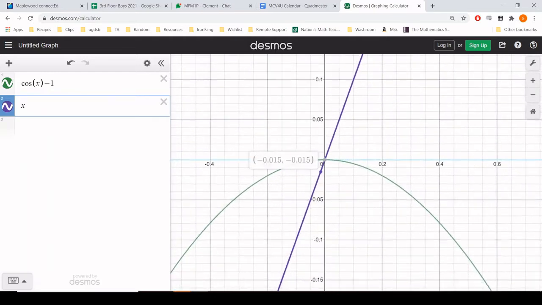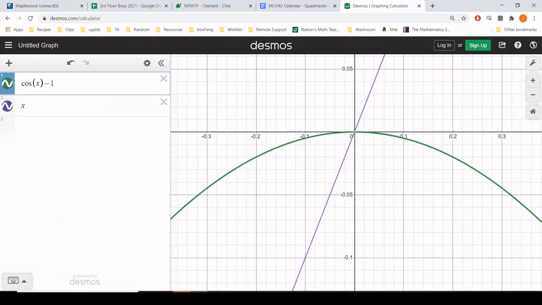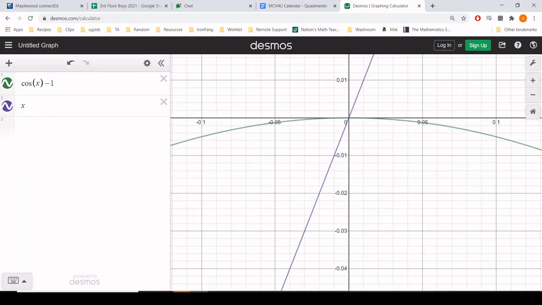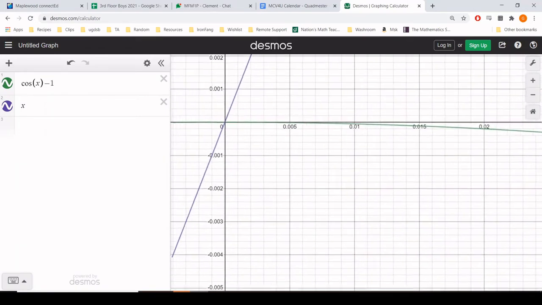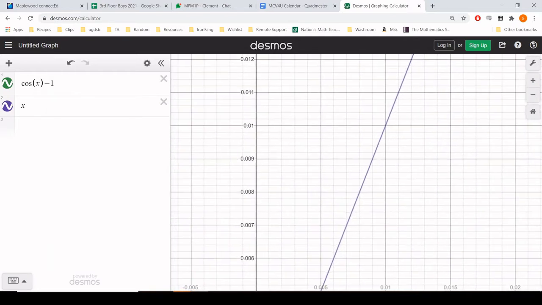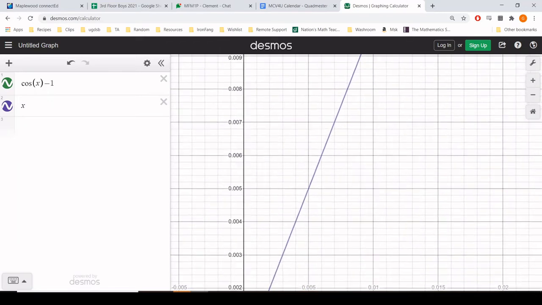And as we see, we're doing green graph here divided by purple graph. As you can see, cos x minus 1 is basically already 0 when the purple graph, relatively speaking, is way far away from 0 still. The purple graph's at 0.01.